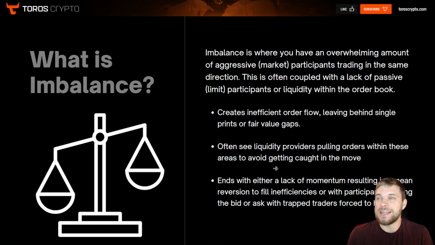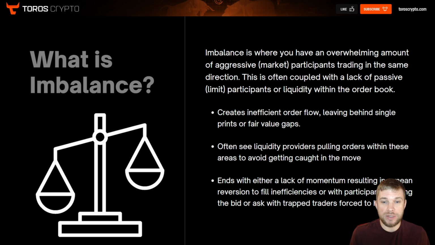So what is imbalance? Imbalance is where you have an overwhelming amount of aggressive market participants trading in the same direction. So either loads more buyers than you've got sellers, or loads more sellers than you've got buyers. This is often coupled with a lack of passive limit participants or liquidity within the order book. It creates inefficient order flow, which often leaves behind single prints or fair value gaps.